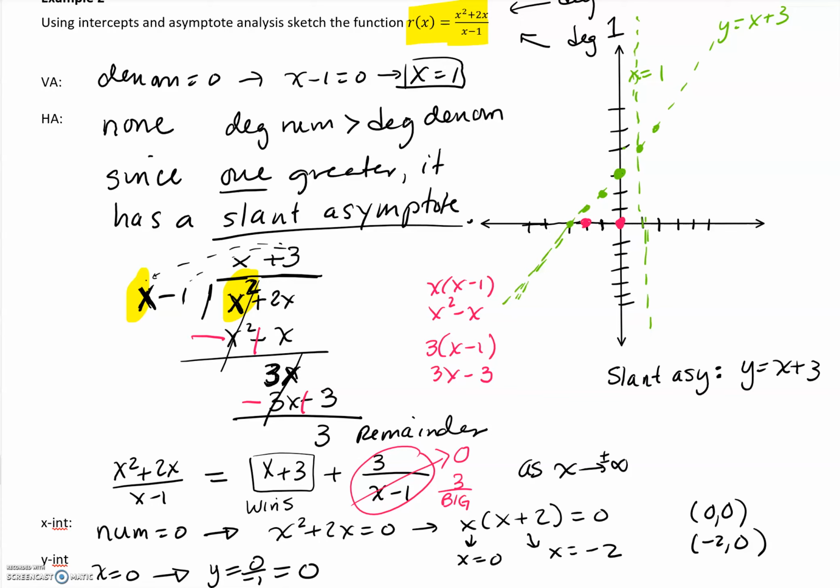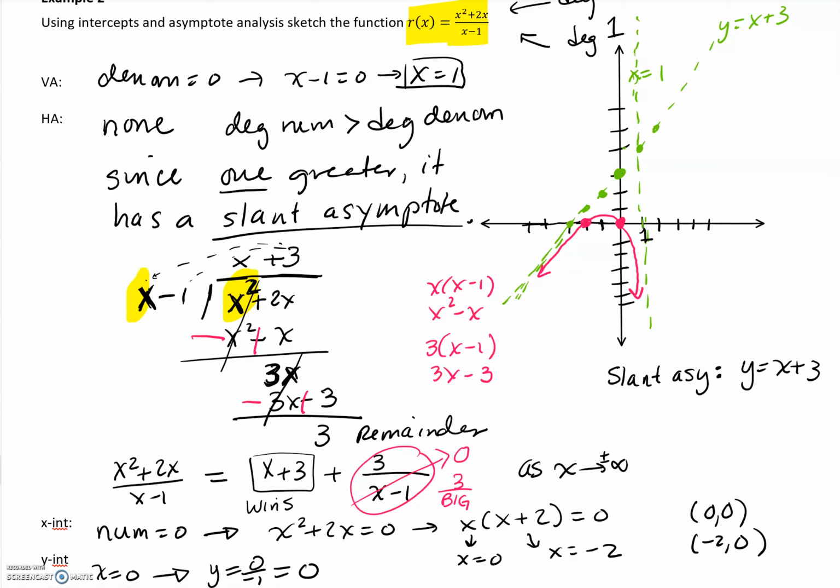So basically, if I have to go through those red dots and approach my asymptotes, then I'm guessing I'm going to do something like this to approach that slant asymptote, and this to approach that vertical asymptote. So I've taken care of to the left of my vertical asymptote of 1.